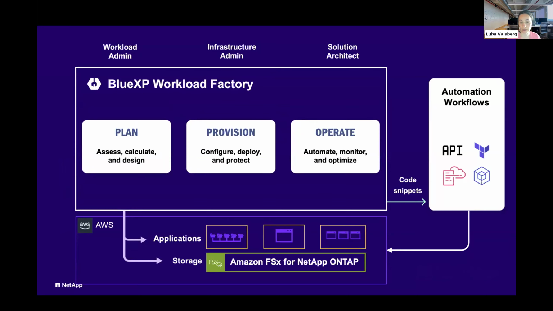We have a built-in TCO calculator that allows you to input either information from your existing systems or allow the system to automatically discover the existing environment and suggest the best practice deployment for your environment using FSx for ONTAP as the base storage.